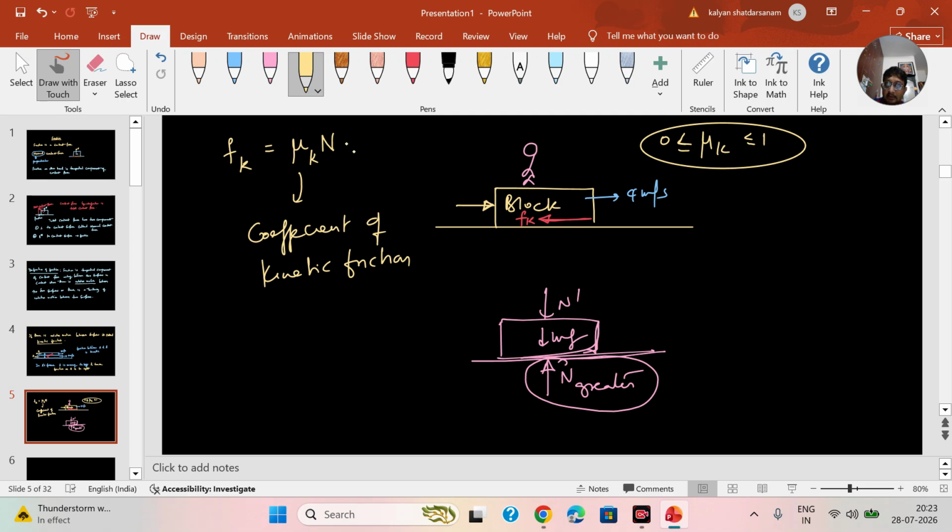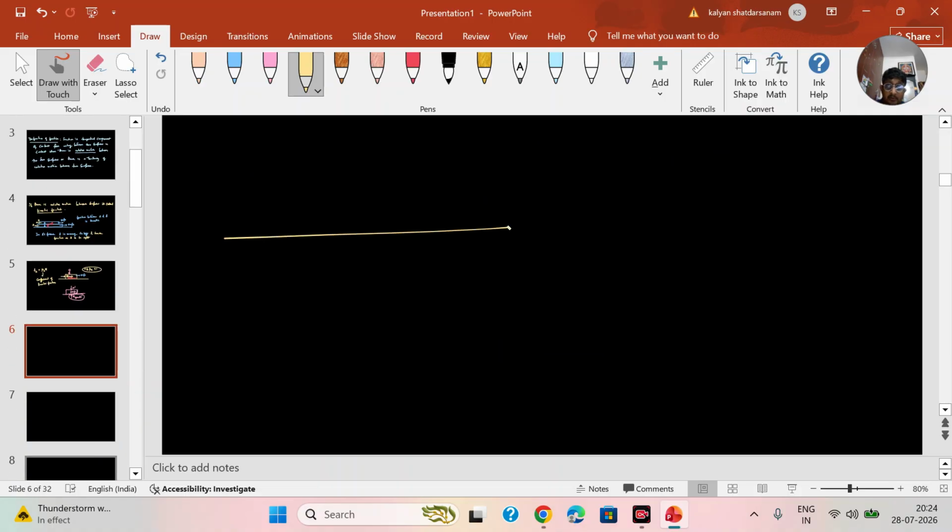The other thing, the more the value of this mu k, the more the kinetic friction. More value of mu k means the surfaces in contact are very rough. More will be the friction then. So friction depends on this mu k and n. For example, suppose there is a block of mass 2 kg, somebody is pushing it and it is moving with certain velocity, let us say 2 meters per second.